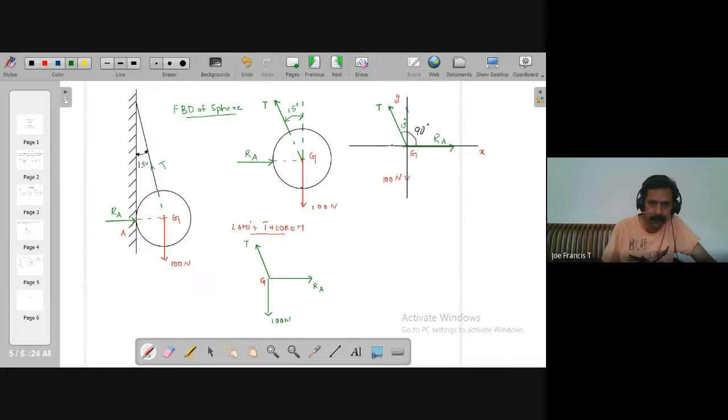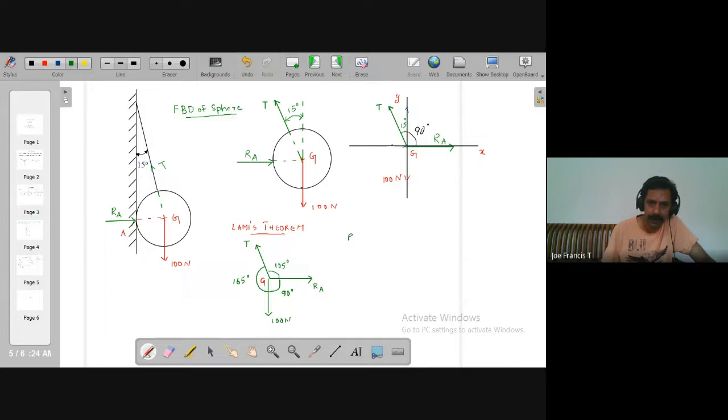So this is T. This angle will be 105 degrees, 90 plus 15. This angle is 90 degrees, and this angle here is 165 degrees, 180 minus 15. Straight away, apply Lami's theorem here. What does Lami's theorem say?